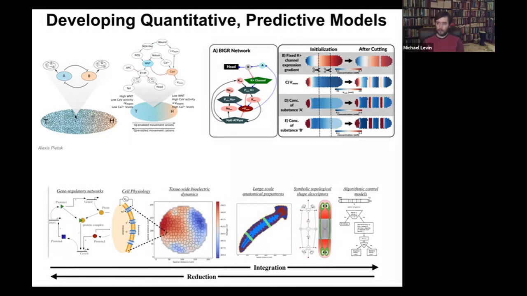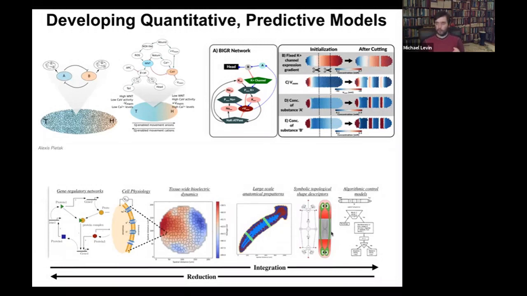You can simulate every cell having these various circuits and then build a full stack model that integrates from the molecular steps to the tissue level physiology. Every cell has various channels. What is the electrical pattern going to be in this tissue? What does that look like on an axial polarity level? Where's the head, where's the tail? And then can we extract from this the actual rules of the decision making?